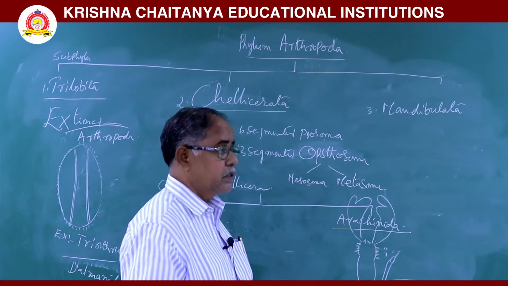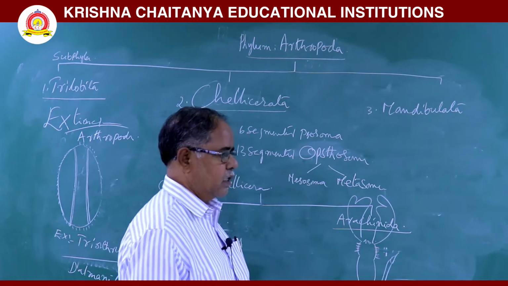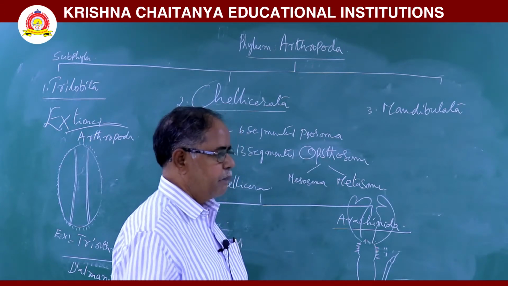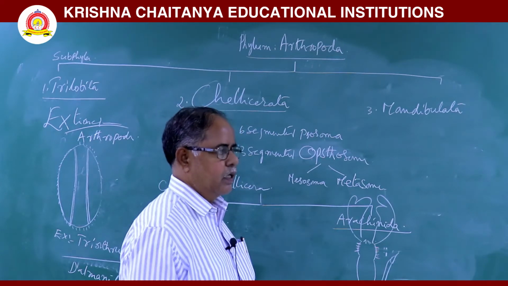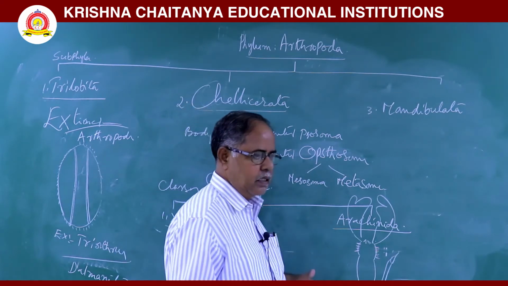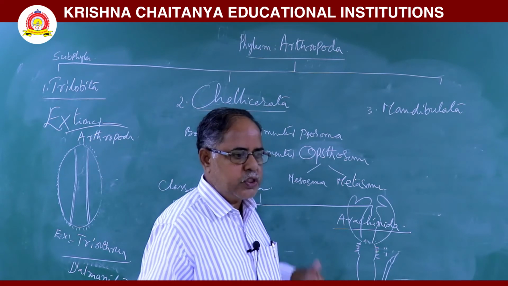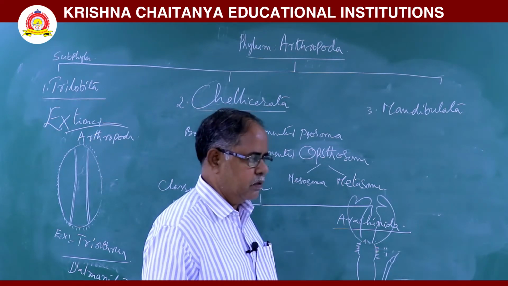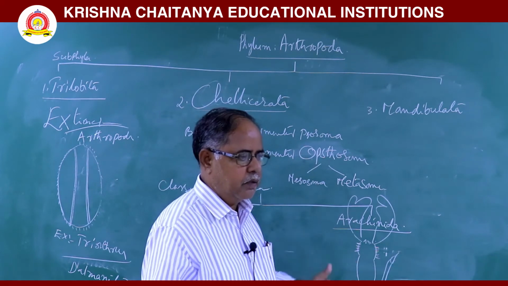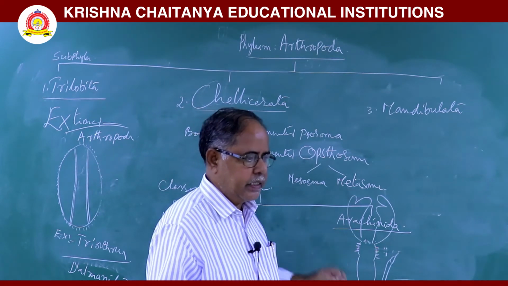But in spiders, four pairs of posterior abdominal appendages are modified as spinnerets.